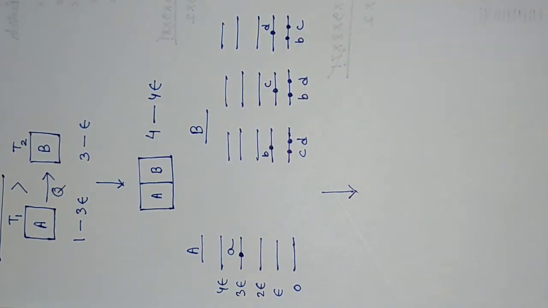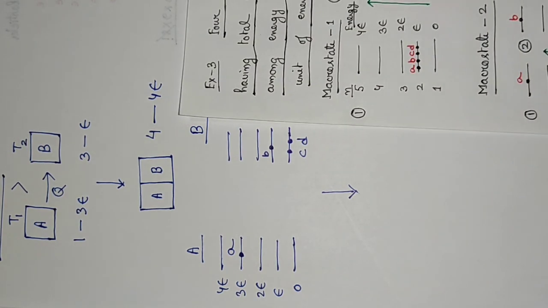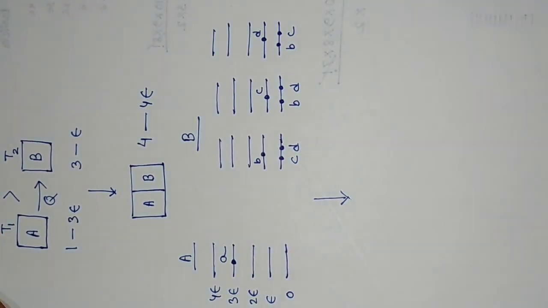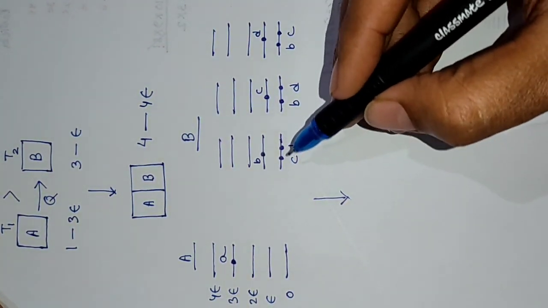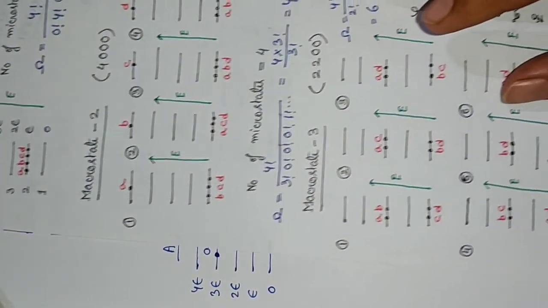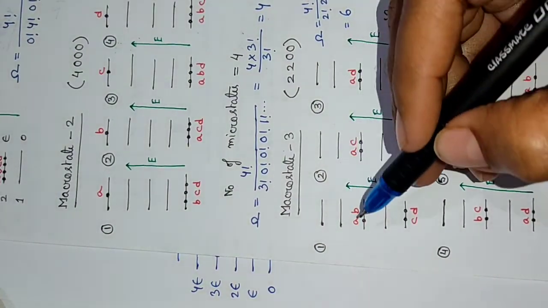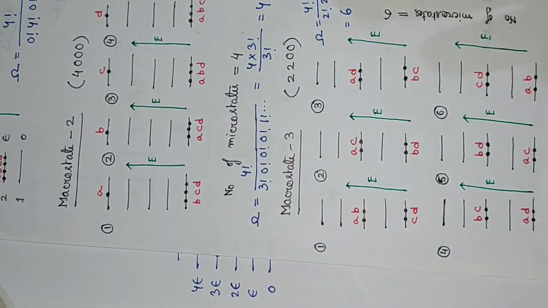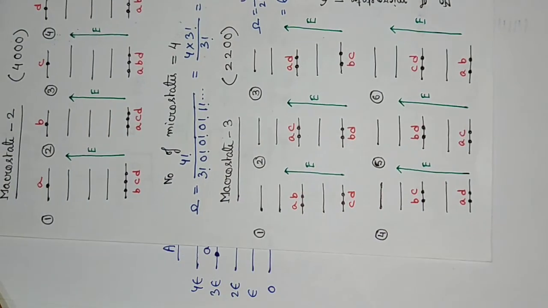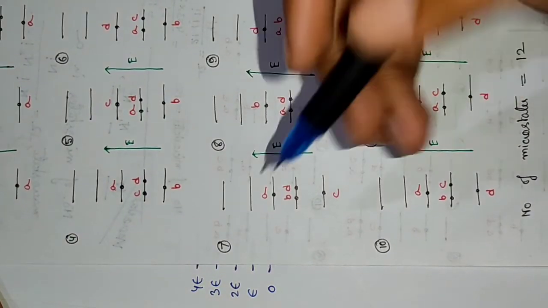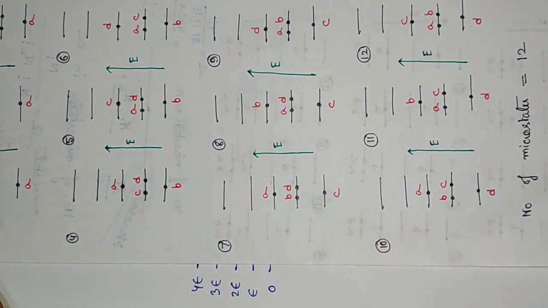Now if we judge the other particles, we will find that B, C, D will occupy the higher energy levels more. So here you see that 2 particles are always in the ground state, but if you visit these microstates, you will see that here you have 2 particles in the higher energy state, and if you study all these, you see 3 particles in the high energy state.